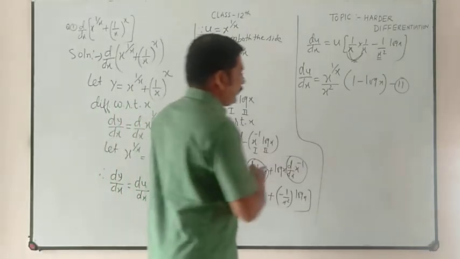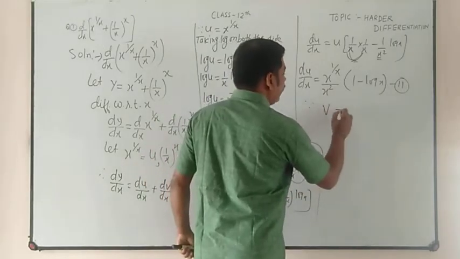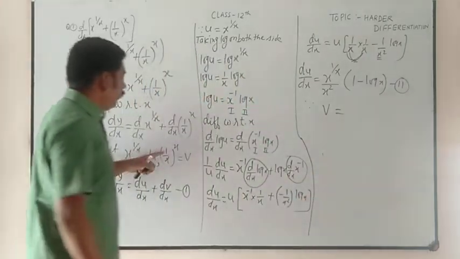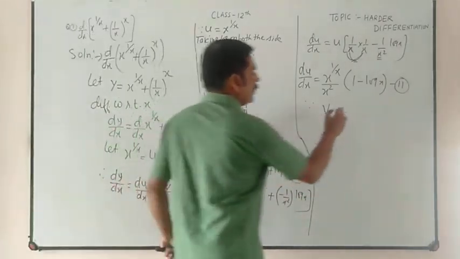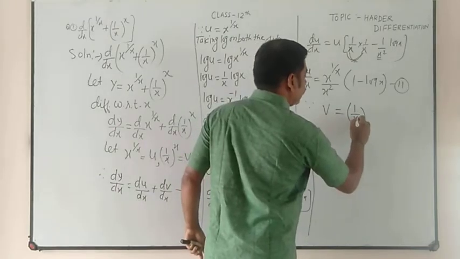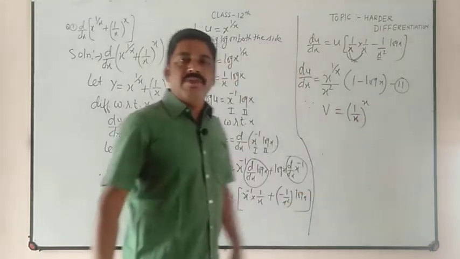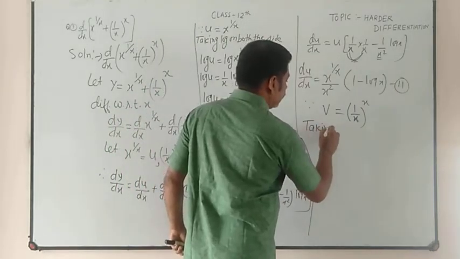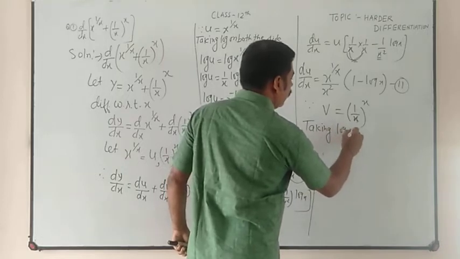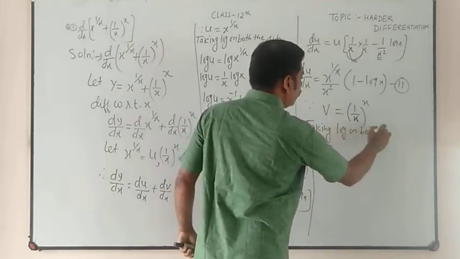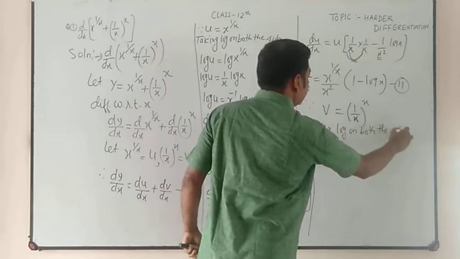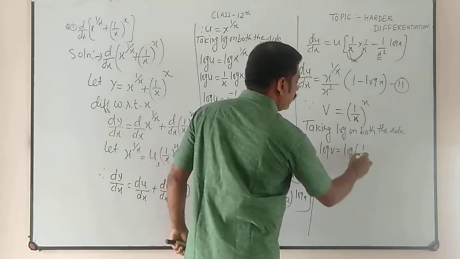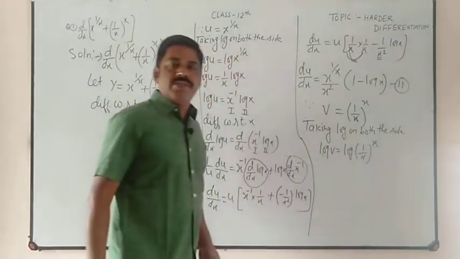Since v is equal to 1 upon x raised to x, that is variable raised to variable, that means we have to take log on both the sides. So log v is equal to log of 1 upon x raised to x.